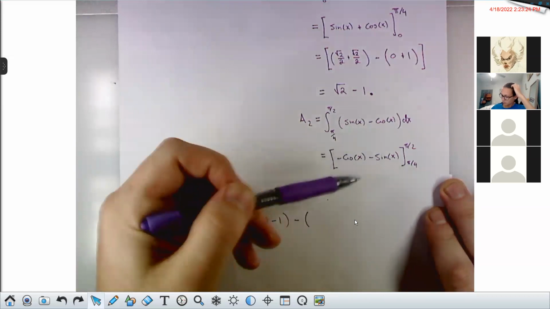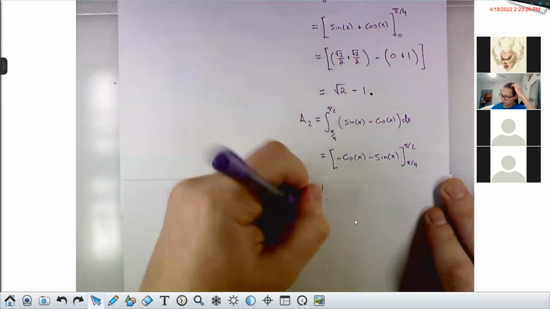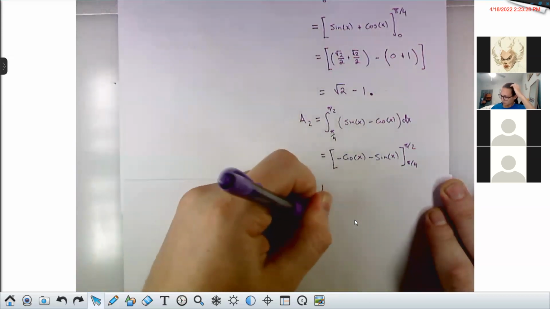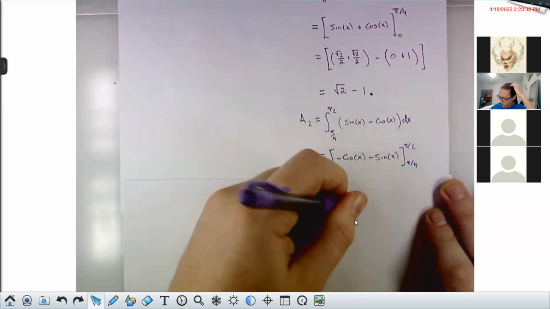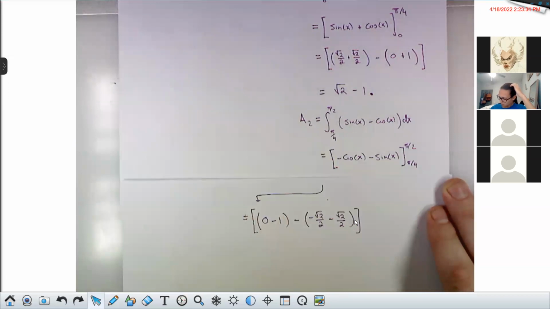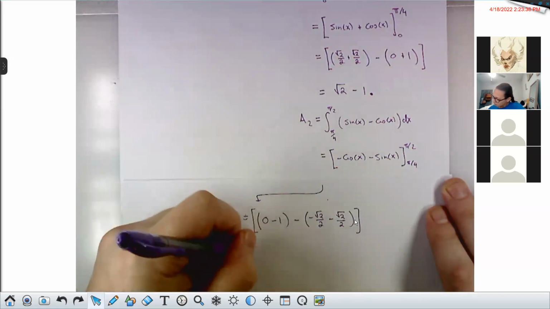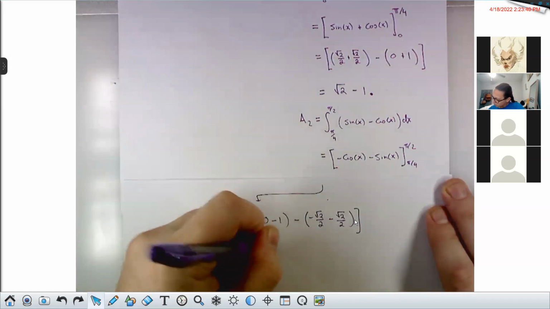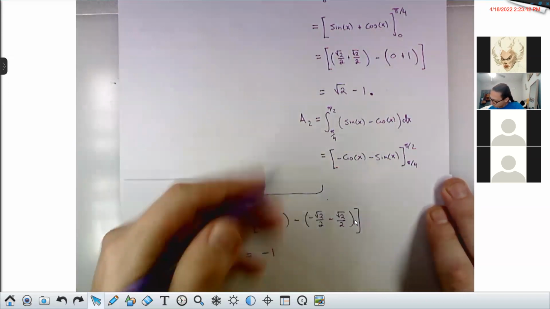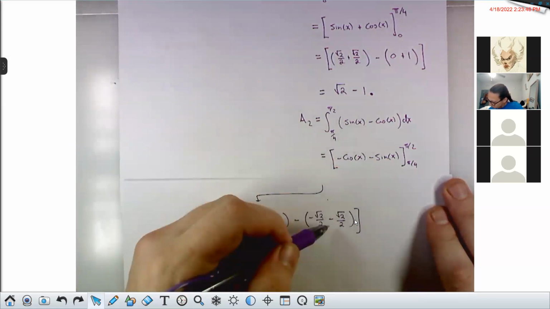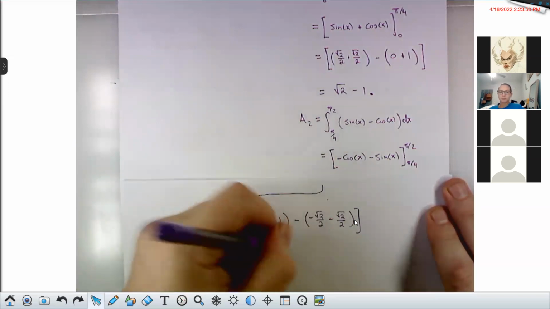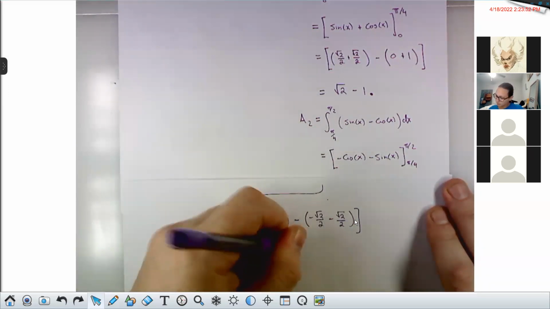Cos of pi over 4 and sine of pi over 4 are root 2 over 2. So this is negative root 2 over 2 minus root 2 over 2. So it's negative 1. And then negative root 2 over 2 minus root 2 over 2 is negative root 2, minus negative root 2 becomes plus the square root of 2.